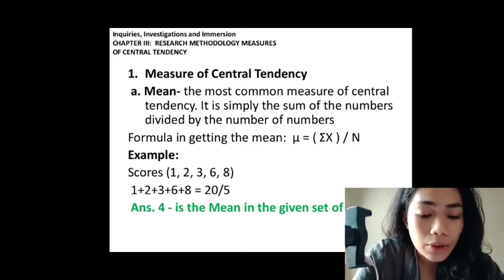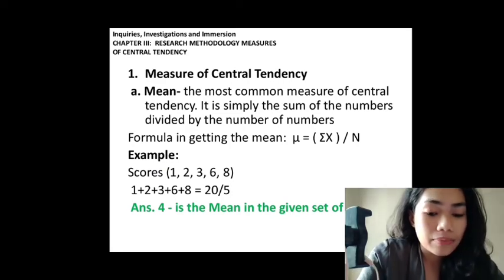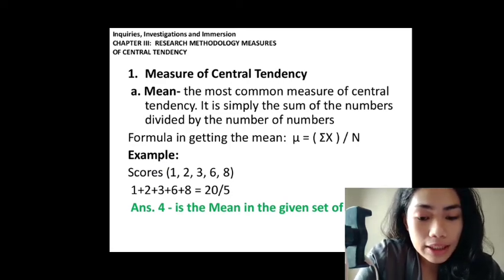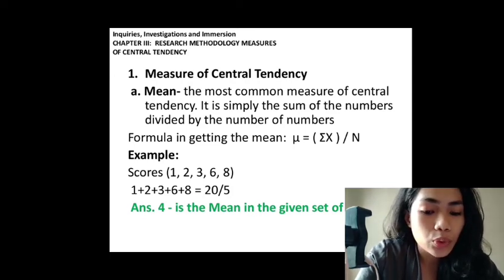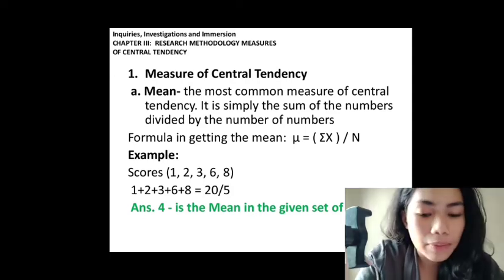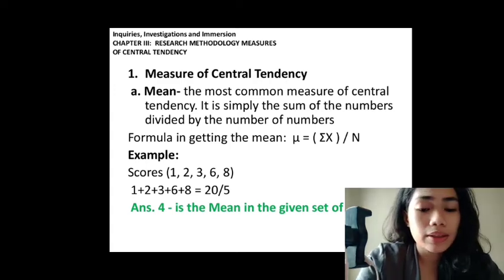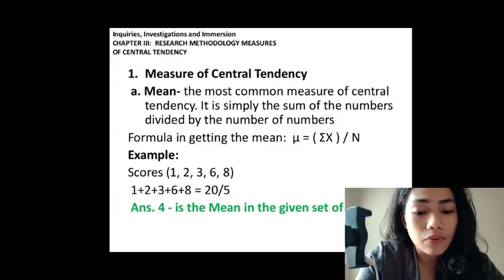Kasi, kung ilan yung number of elements na dito, doon natin i-divide. So, bilangin natin 1, 2, 3, 4, 5. So, 5 lahat. So, 20, divide natin sa 5. So, the answer will be 4. So, our mean is 4.